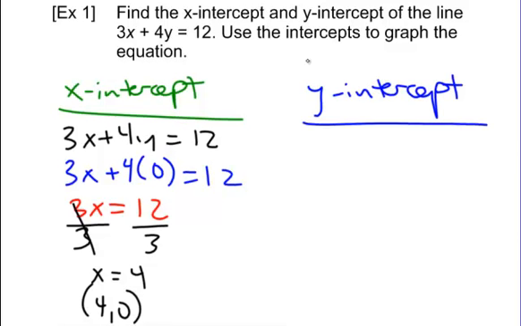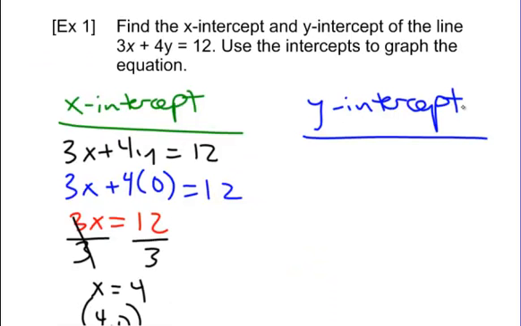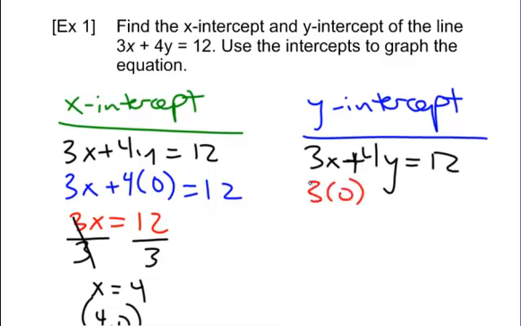Let's take a look at our y-intercept. Our y-intercept, remember, is when x equals 0. So instead of making y 0, we're going to make x 0. Let's write down our equation again: 3x plus 4y equals 12. 3 times 0 is just 0, so I'm not even going to write it down.